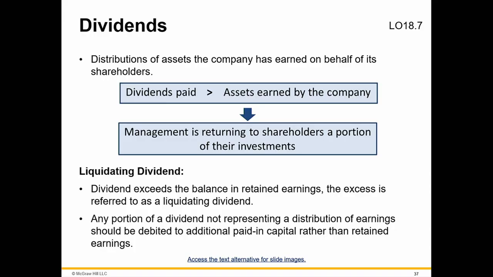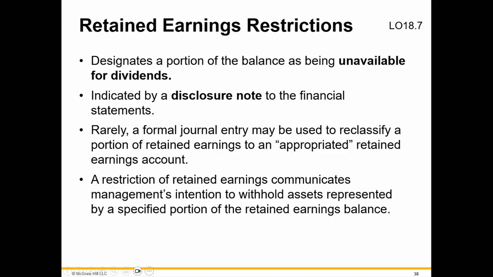But what we do with dividends is we pull the amount of available money out of retained earnings. If we have a situation where we're liquidating more than what's available in retained earnings, then we have to reduce additional paid-in capital for the excess money. That should not be happening, though, under normal circumstances anyway.